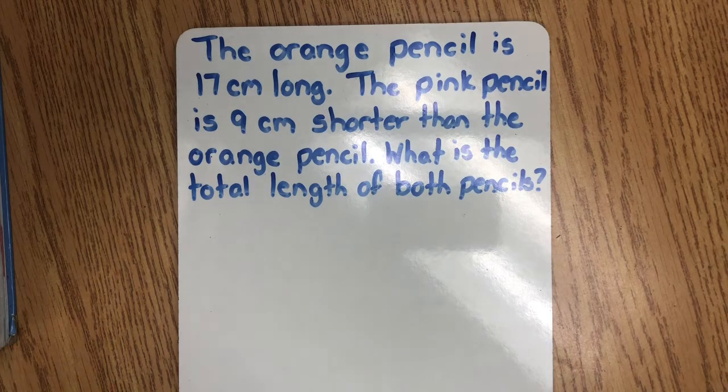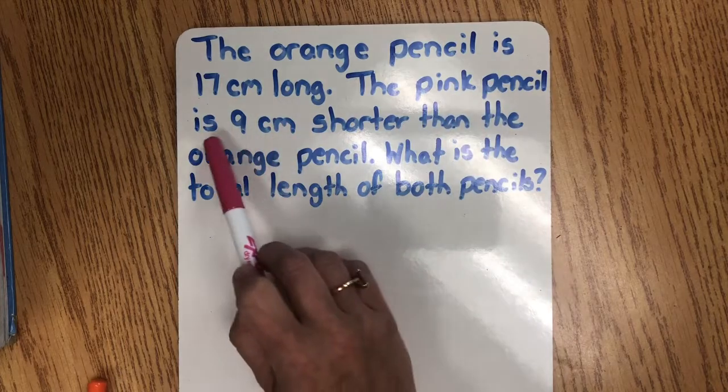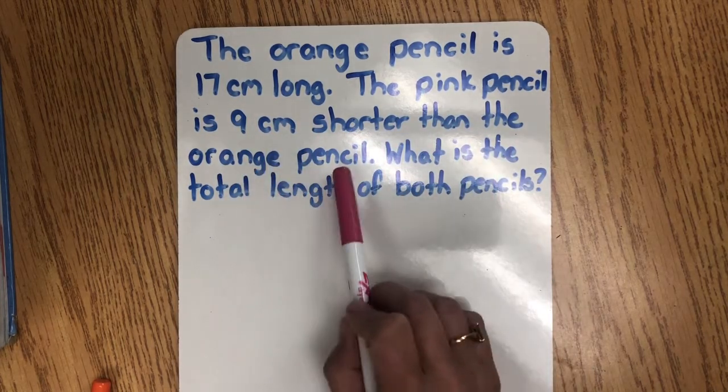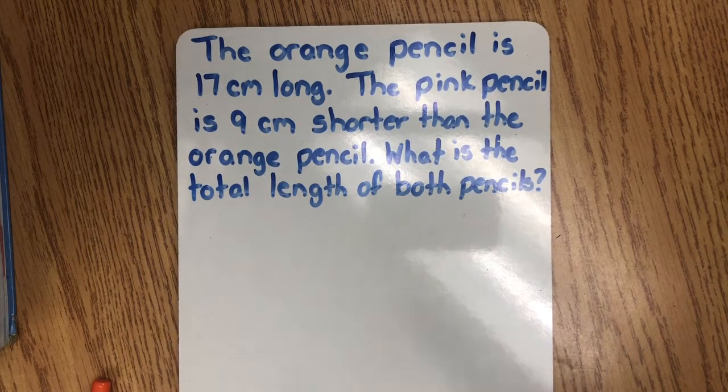But be prepared to do the equations and tape diagrams that I do. Okay, the orange pencil is 17 centimeters long. The pink pencil is 9 centimeters shorter than the orange pencil. What is the total length of both pencils?